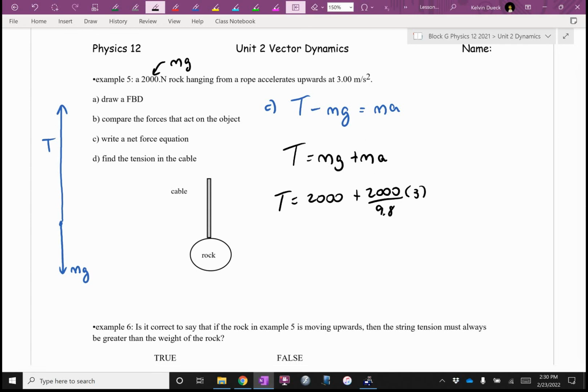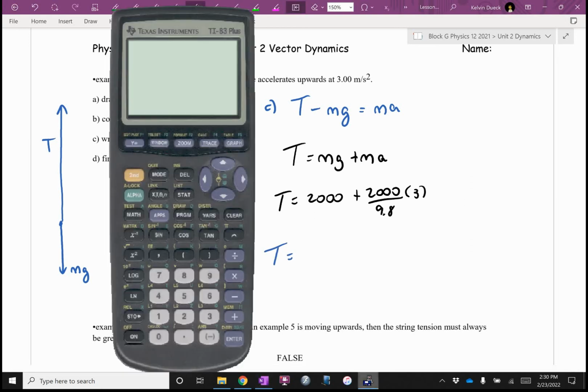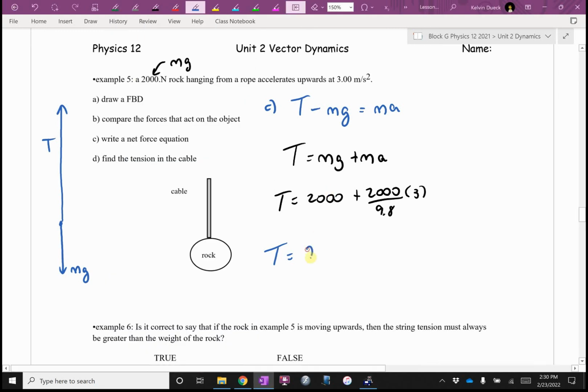What do you get? I'll go to 3 sig figs, 2610 newtons, because it's a force.